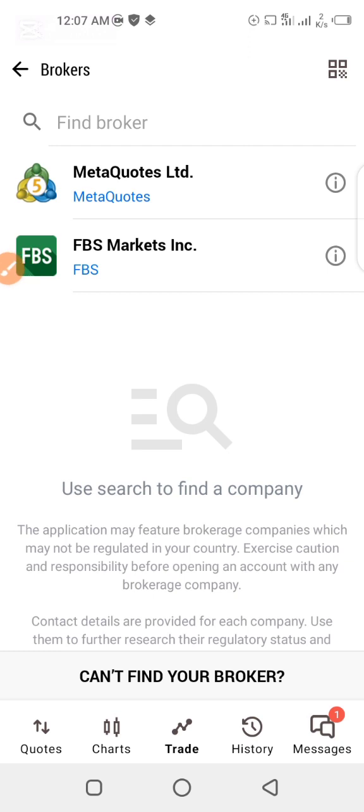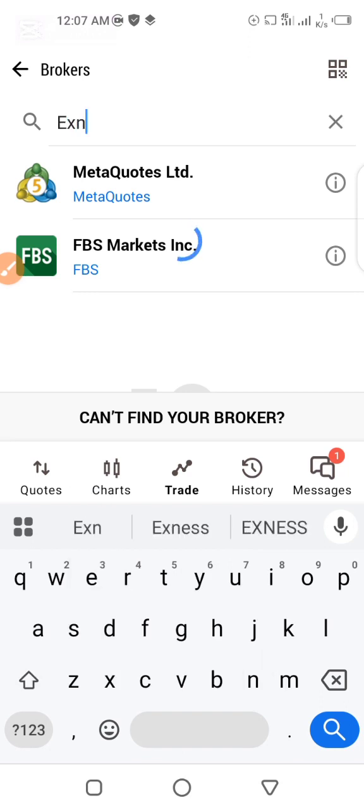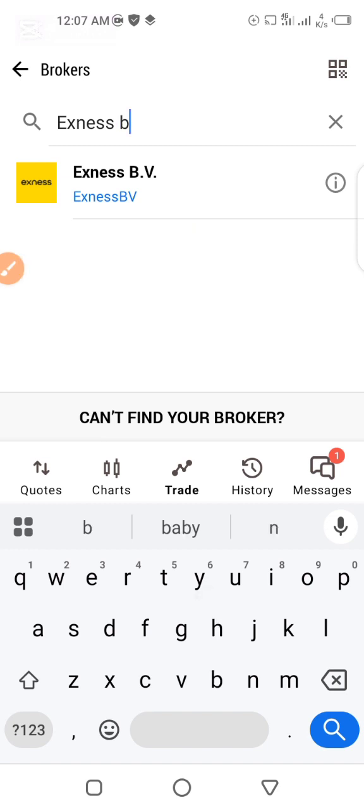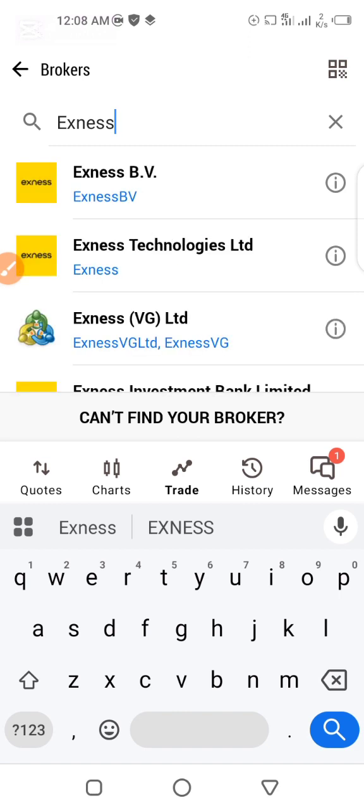You click on it to search for brokers. Let's just search SNES, as SNES is what we are using. I will still do a video on how to link your SNES to MT5, but you can see that we have SNS broker, SNS technology.